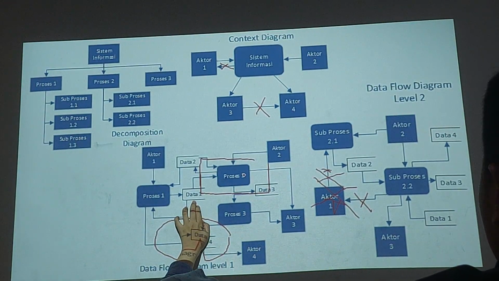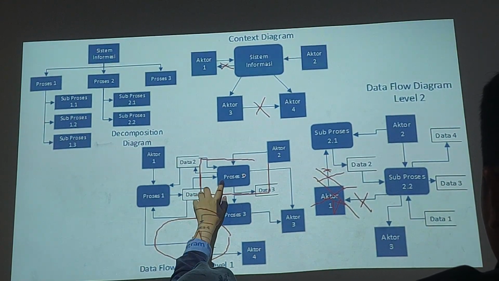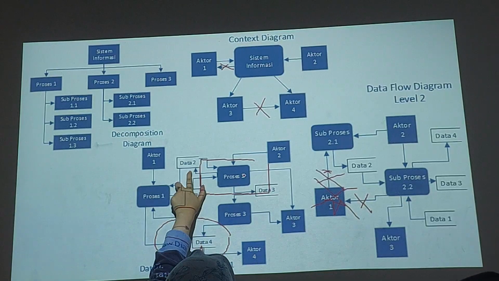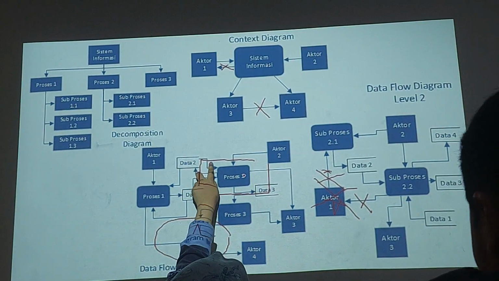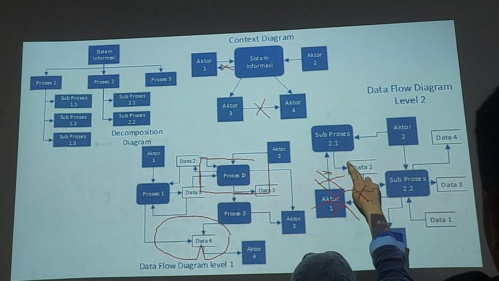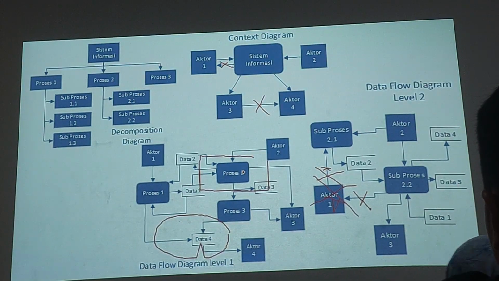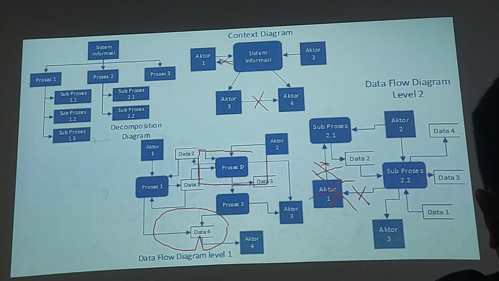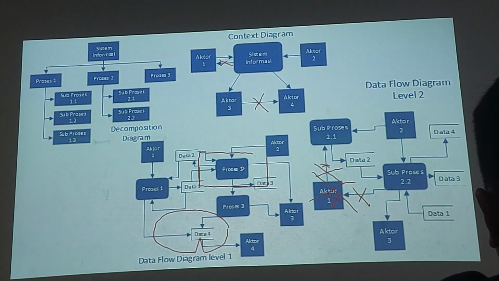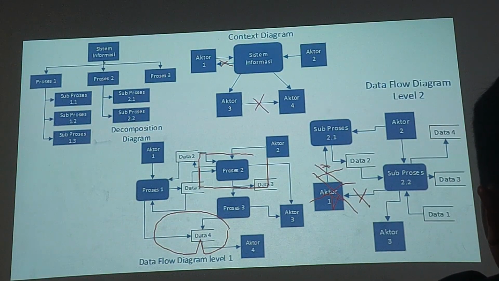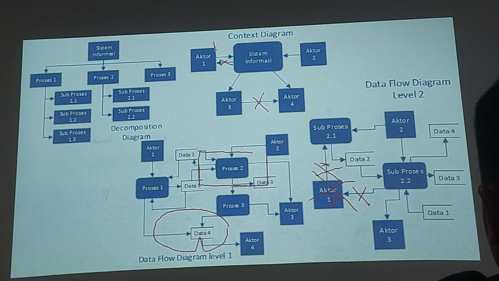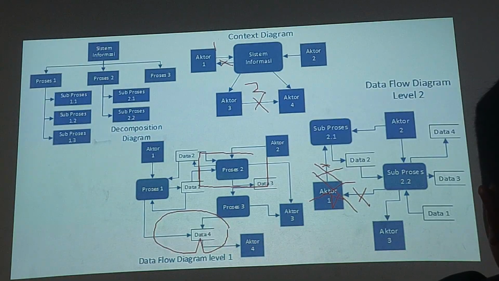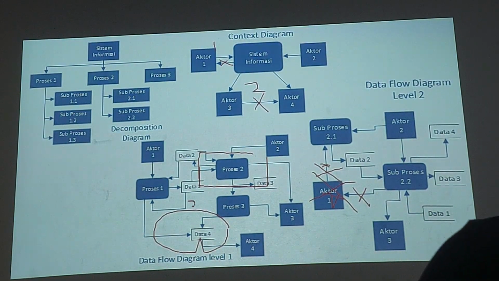And then for data 2, they give and they receive. So we have some errors. The first one, this one. The second one.